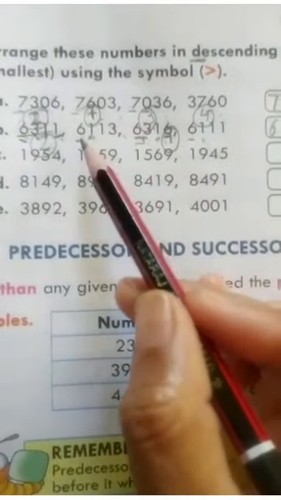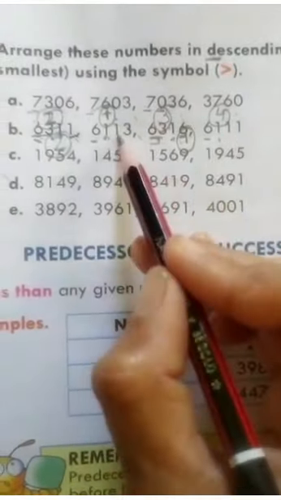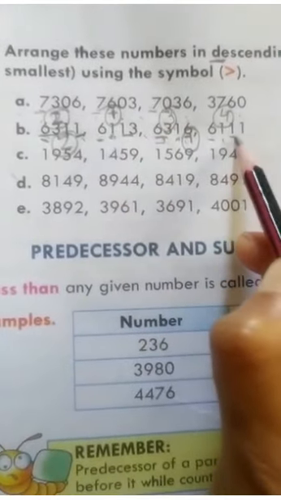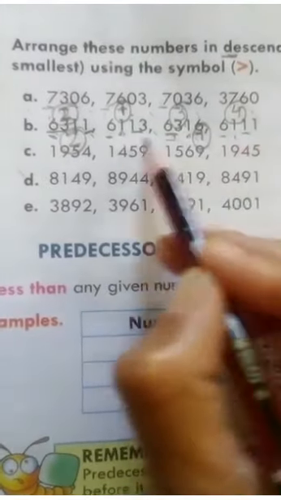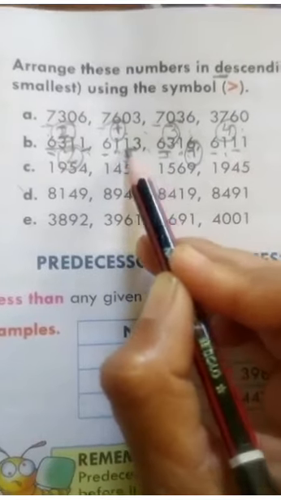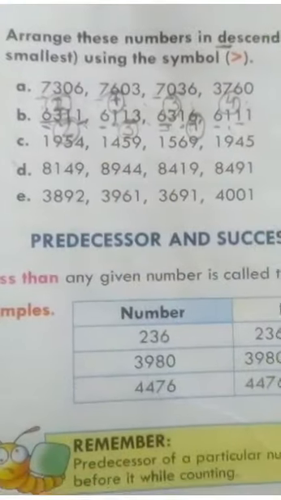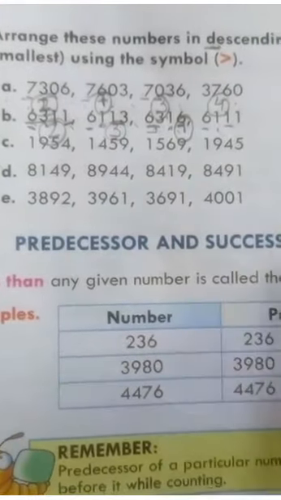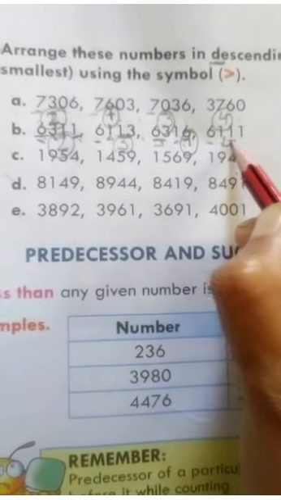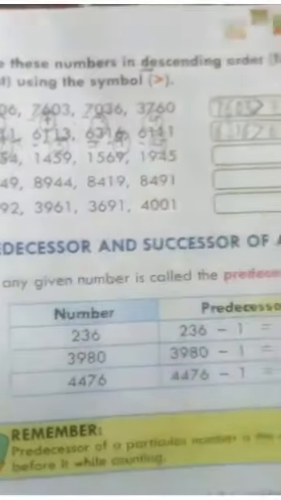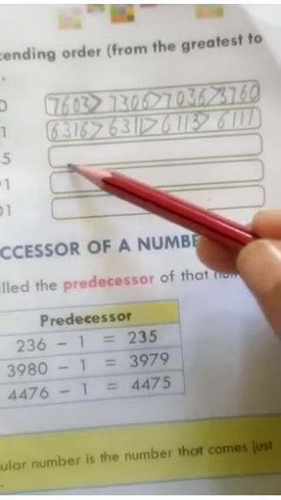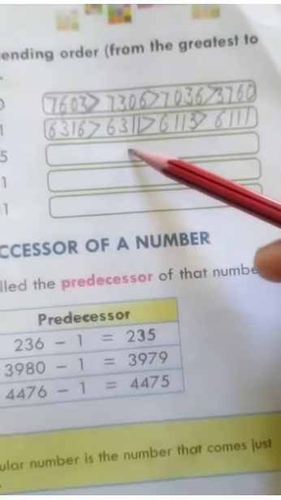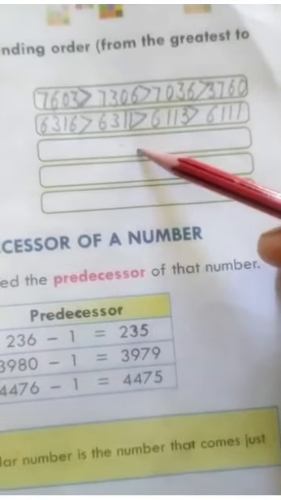Now we have to find these. Here 13 is there, here 11 is there. So which is the next bigger number? 13. So 6113 will come at third place and the smallest is 6111. So first we will write 6316. Next smaller number is 6311.